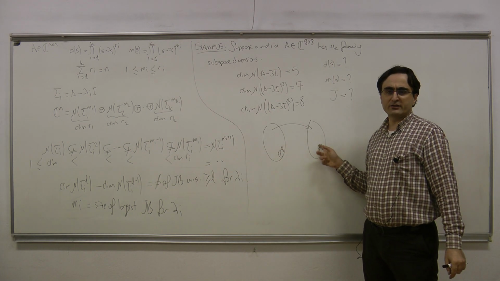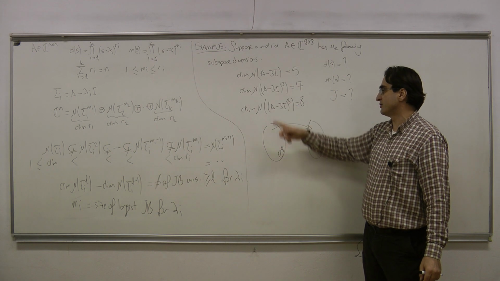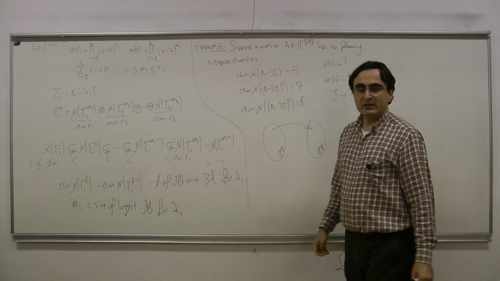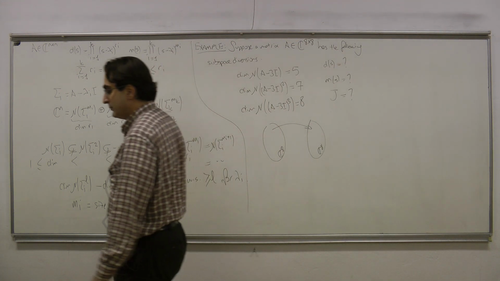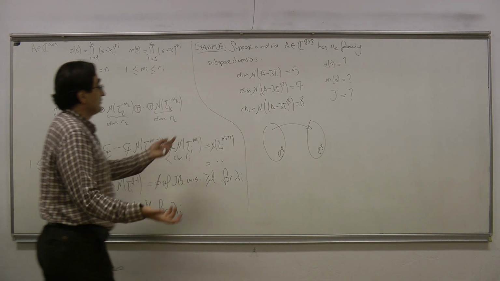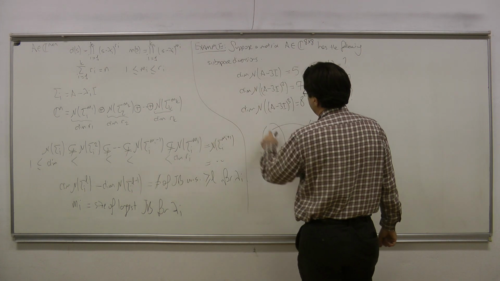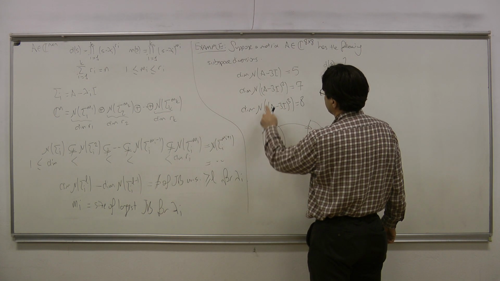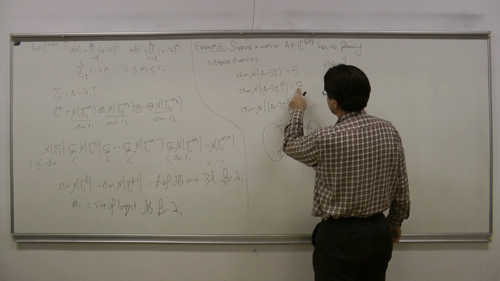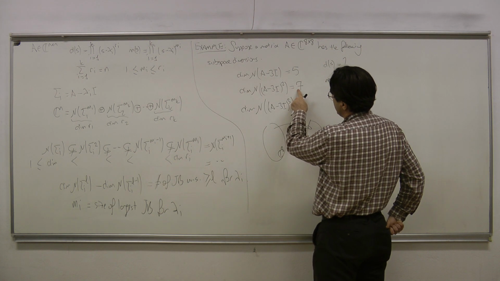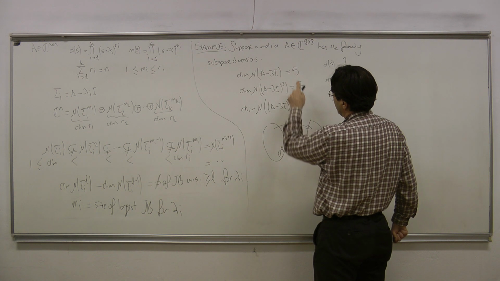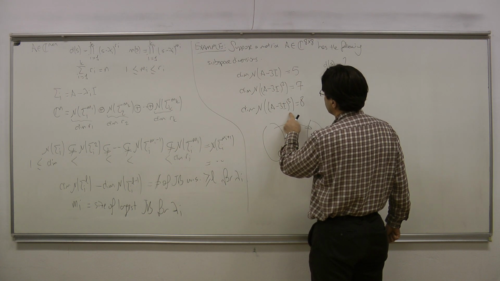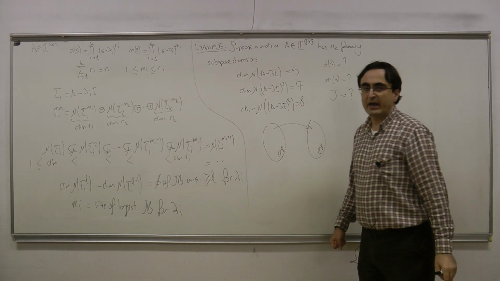Domain and codomain are the same, so I can talk about these null spaces as subsets of the domain and the codomain at the same time. We see here that this null space is a subset of the domain, and the null space of (A minus 3 identity) squared is a larger set because its dimension is strictly larger than 5. And the dimension of the null space of (A minus 3 identity) cubed is 8.